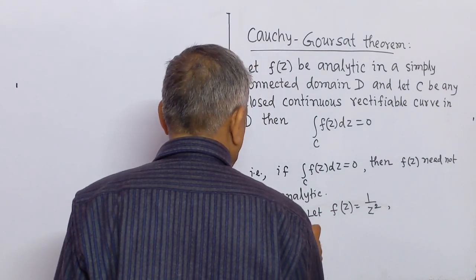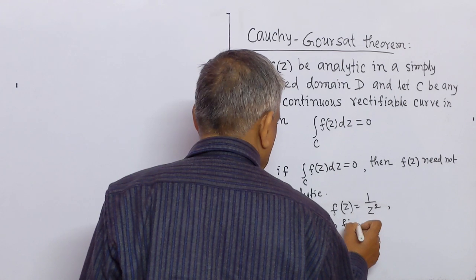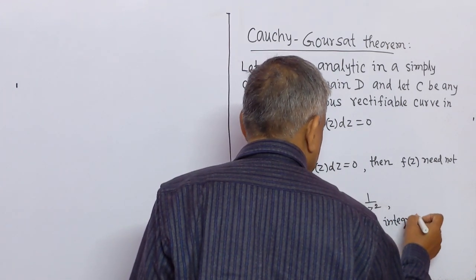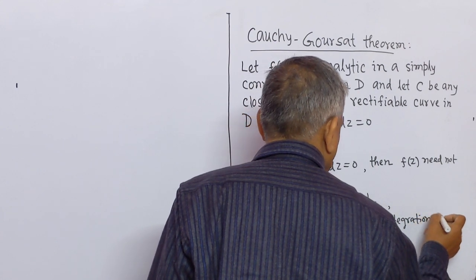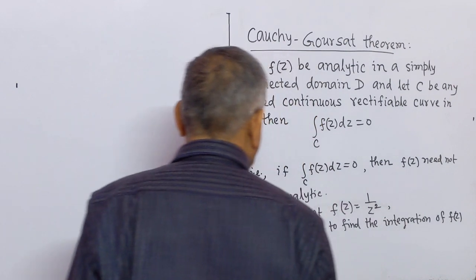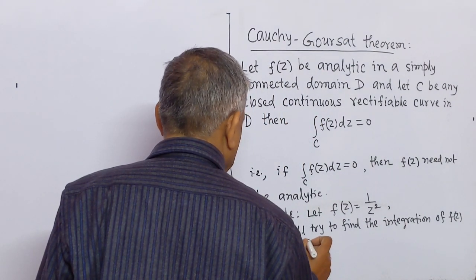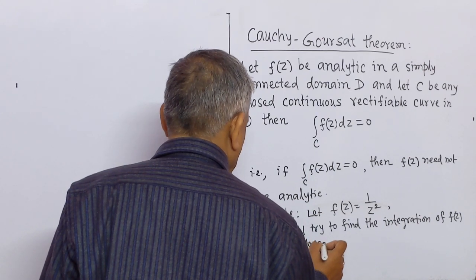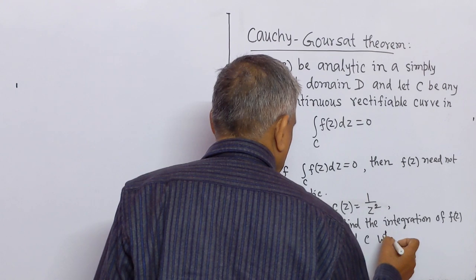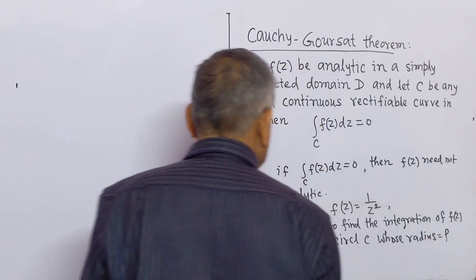Now we will try to find the integration of f(z) along a closed circle C whose radius equals rho.